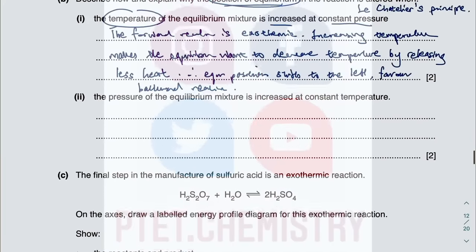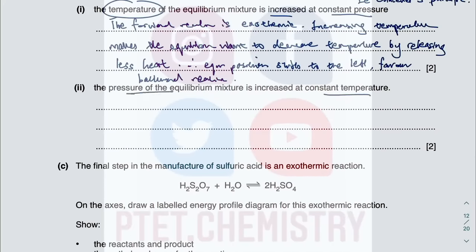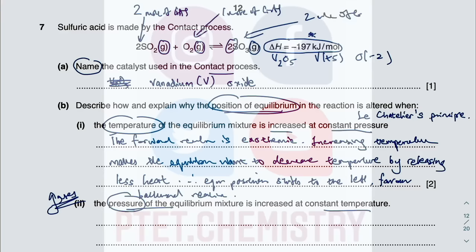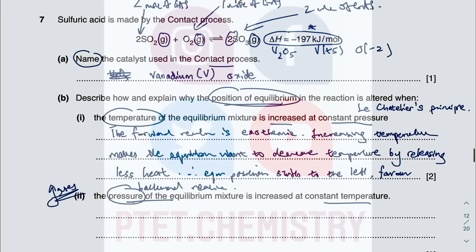Okay, next thing, you don't change temperature, you change pressure. Pressure affects gases, so you need to calculate. Well, have a look at the equation first. Look for gases. 2 moles of gas, 1 mole of gas, 2 moles of gas. So gases matter, not solid, not liquid.